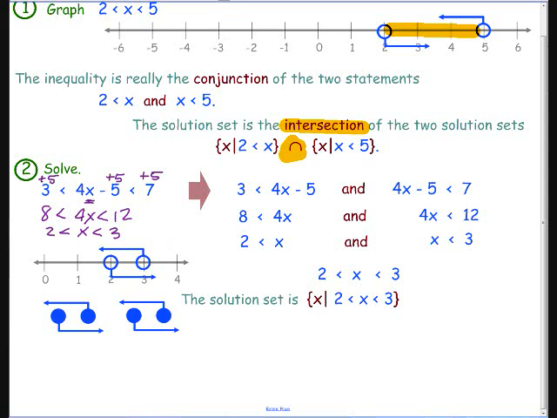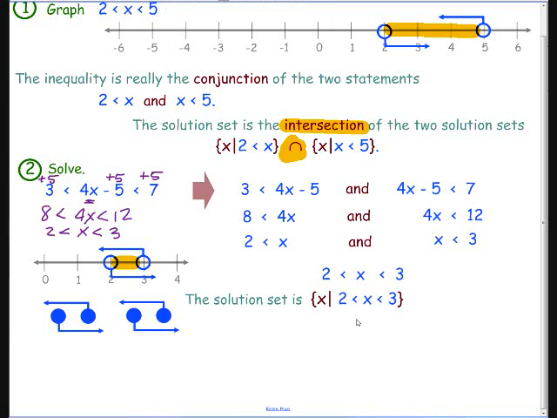So when I graph this, it's just from here to here. Solution set is all x such that x is greater than 2 and x is less than 3.